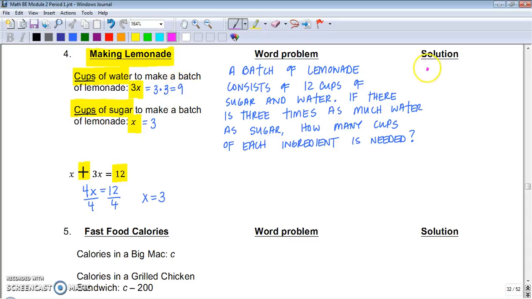We'll write our sentence, so therefore, there would be 9 cups of water and 3 cups of sugar.